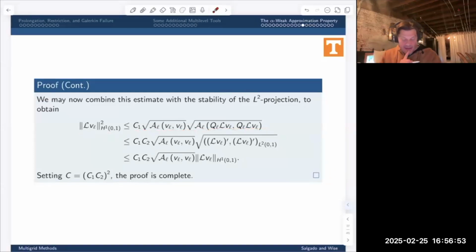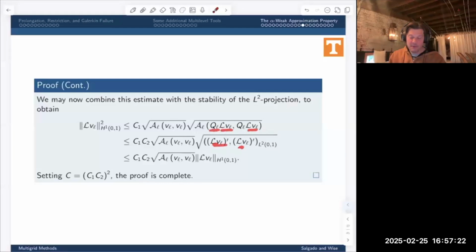Now we need to use the stability of the L2 projection. So what was the stability of the L2 projection? Somewhere back in here. We can blink back to it in a second if we need to. What the stability of the L2 projection said was that this object here was less than the L2 norm of just this object.